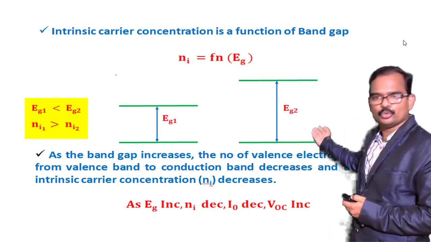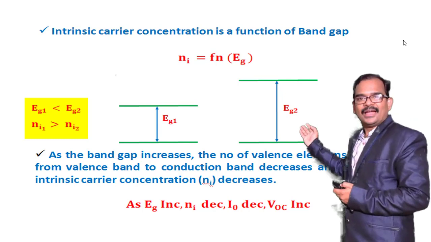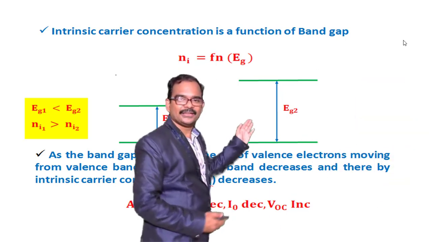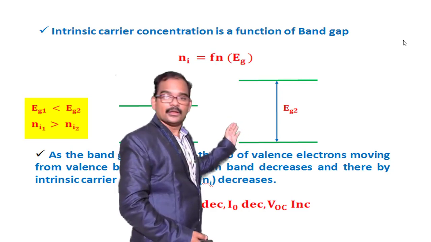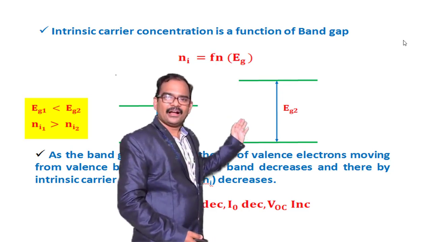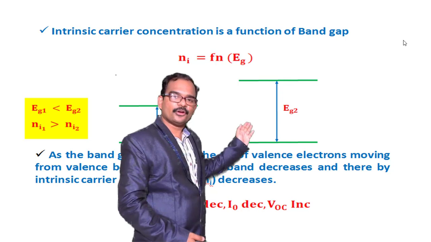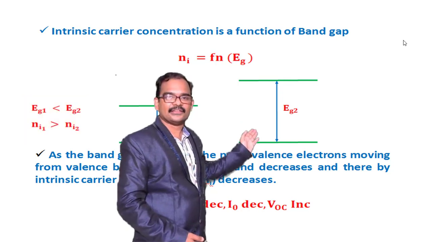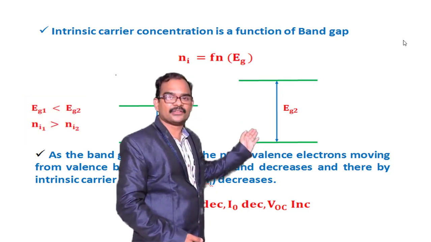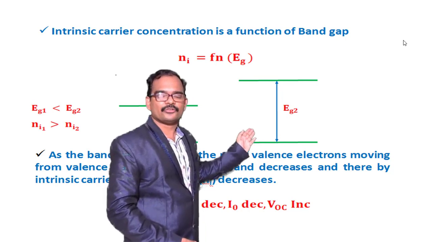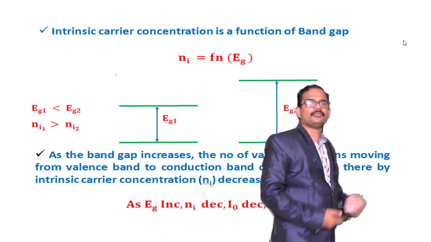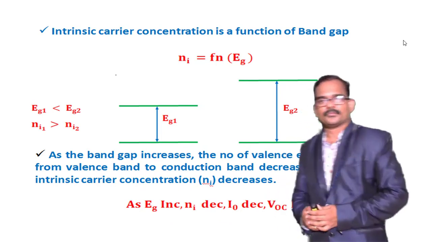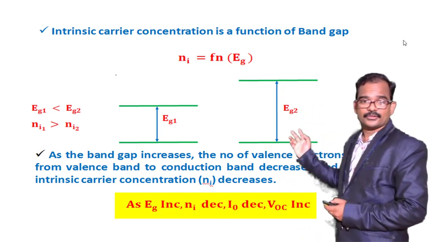Coming to material 2, which has a band gap Eg2, the band gap is very, very high, and thereby the number of photons absorbed by this material is less, and thereby the electron hole pairs generated are also less, and thereby the intrinsic carrier concentration is less. Right. So what is the observation that we can make from this?